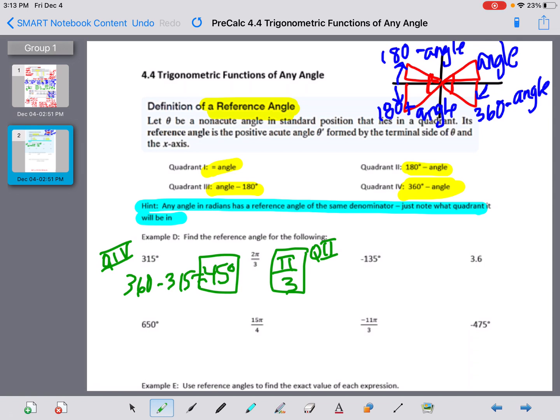All right, negative 315. For one thing, that's going clockwise. I don't like to go clockwise, so the very first thing I'm going to do is add 360 so I can figure out where I am in a positive. So I'm at 225, okay? 225 is in quadrant 3, right?